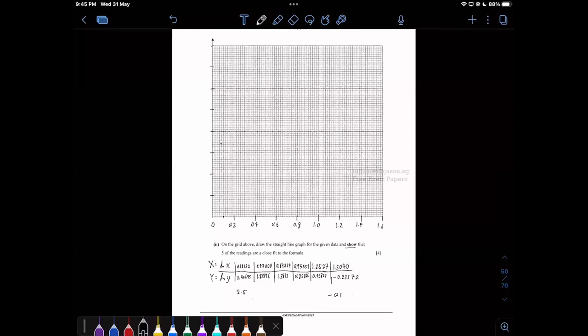You need 2.6. So if I put around 0.2, 2, 4, 6, 8, 10, 12, 14, 16, not enough. 0.2 is not good enough. How about 0.4?